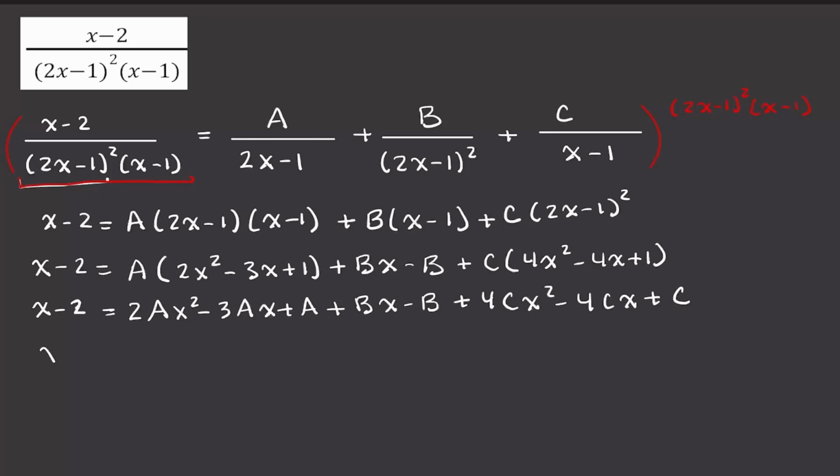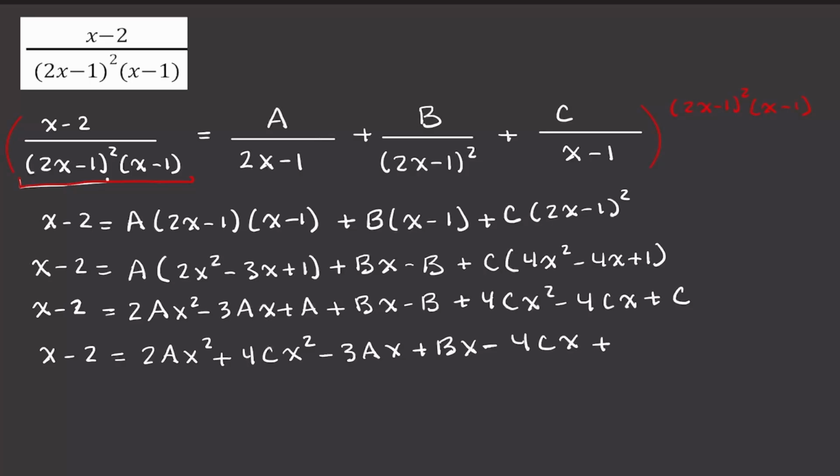Now we group our common terms. Every term that contains x squared, we write next to each other: 2ax squared plus 4cx squared. Then every term that contains an x: minus 3ax plus bx minus 4cx. And the terms which are constants, we put together: a minus b plus c.